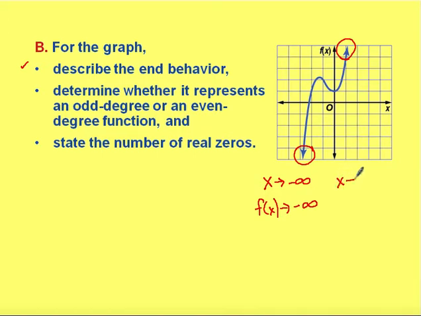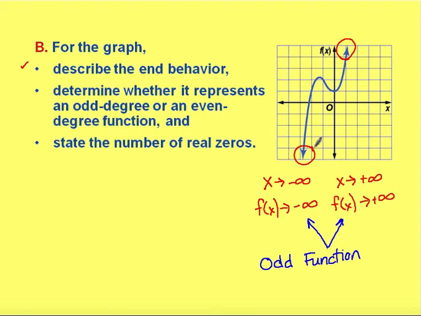But as x moves to the right towards positive infinity, our function is moving to positive infinity as well. So when you see that these two ends of the graph are going in opposite directions, that means that this has to be an odd function.